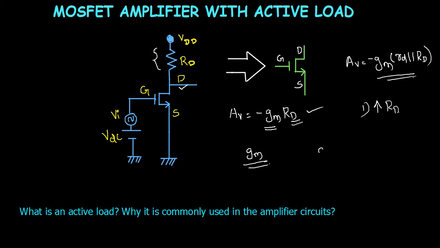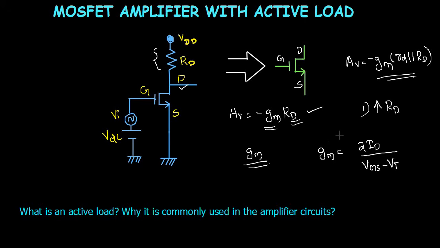The equation for gm is 2ID divided by Vgs minus Vt, where Vgs minus Vt is the overdrive voltage of the MOSFET. To increase the transconductance, we can increase ID.